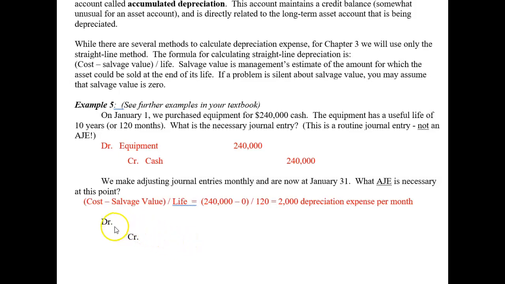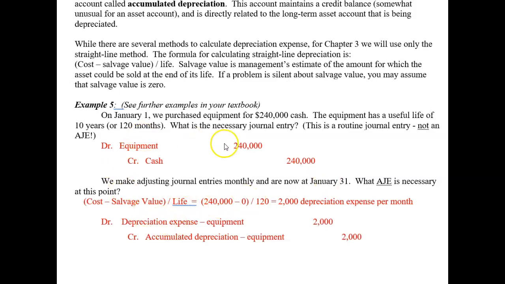So let's write the journal entry necessary to record the depreciation expense on this equipment for the month of January.